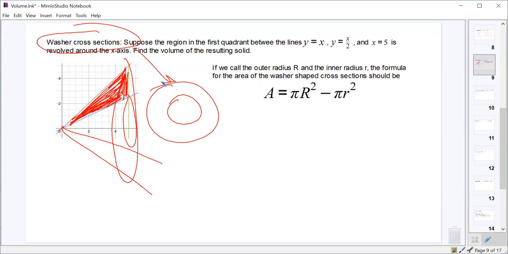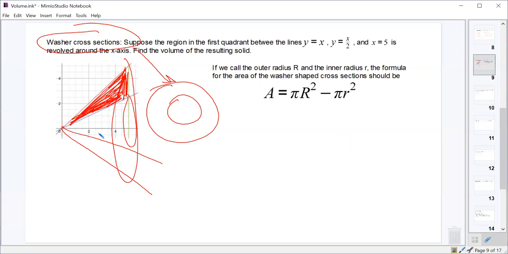They're little rings, right? And they still have a thickness to them. Remember, these are three-dimensional things, but they have an infinitesimally thin thickness. In this case, since we're slicing it vertically and we're revolving around the x-axis, that is in terms of x.